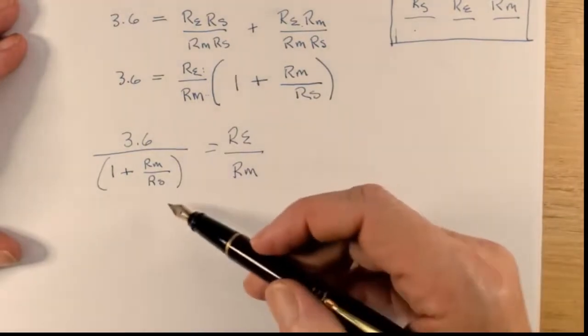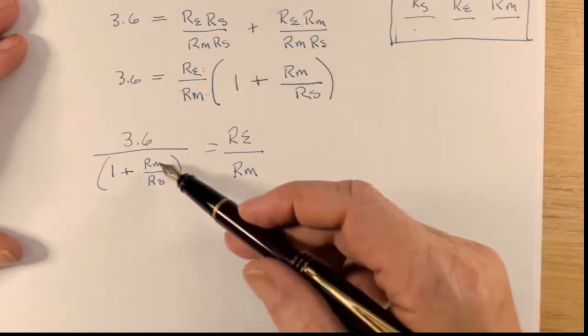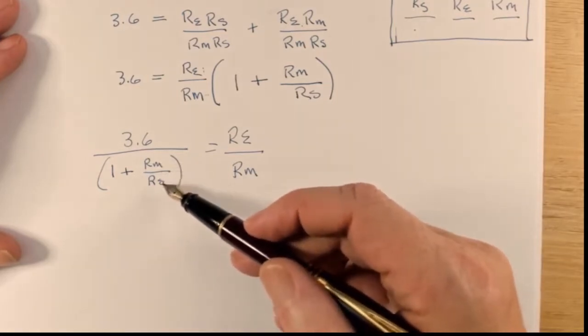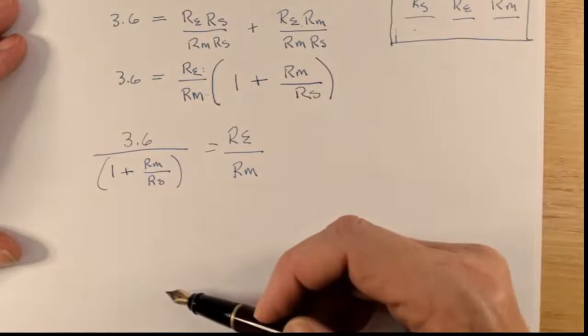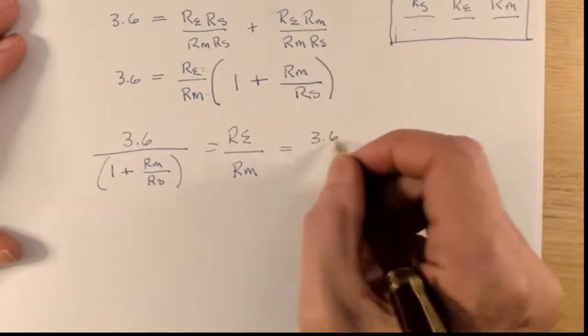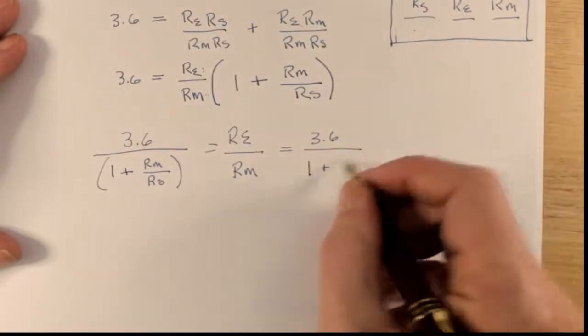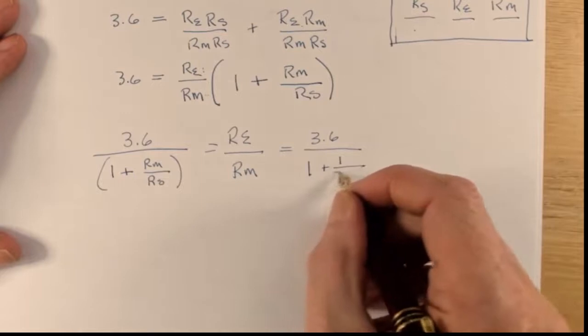Now, we recall that the radius of the Sun is 390 times the radius of the Moon. So that equals 3.6 divided by 1 plus 1 over 390.